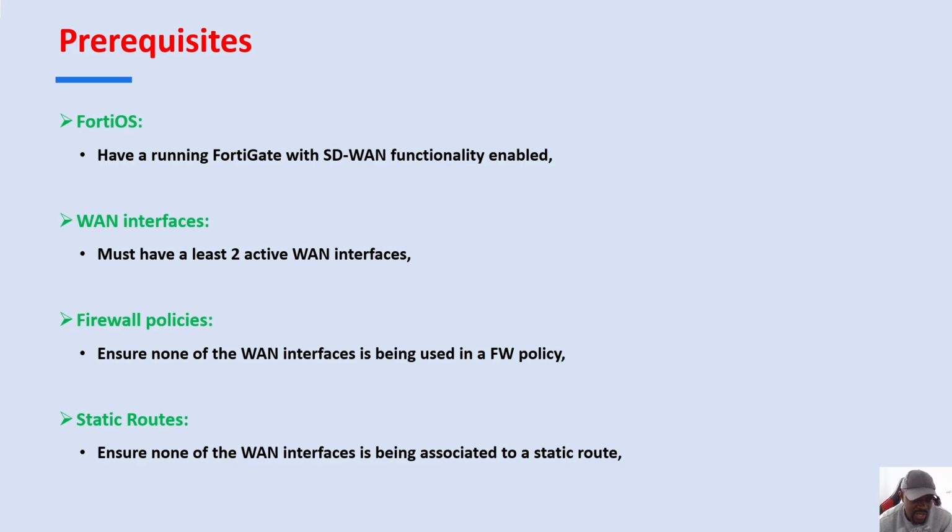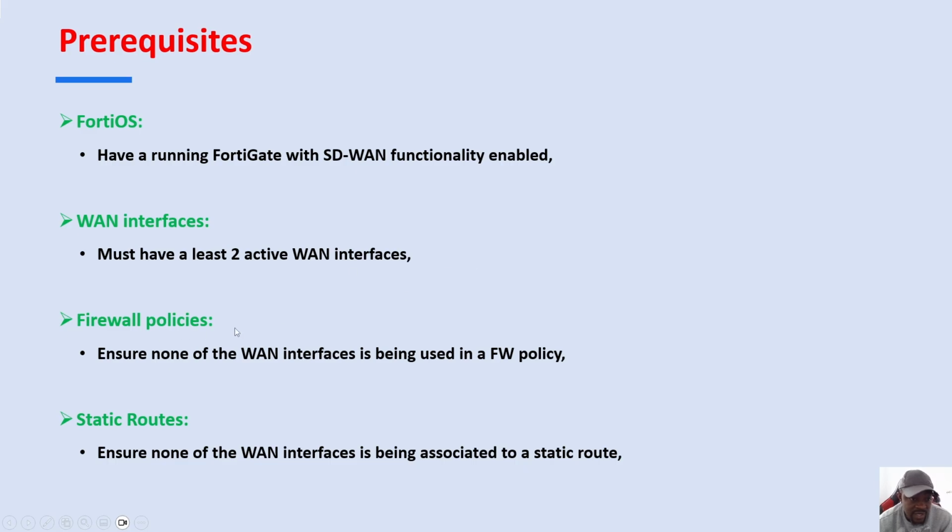You also need to have at least, as we said, two active WAN interfaces. It can be more than two because you can have multiple ISPs, which means you need more than two available links and interfaces.